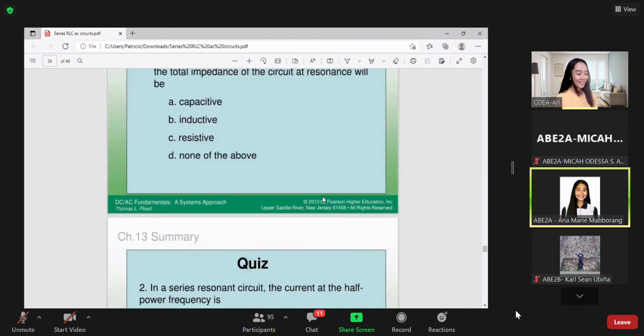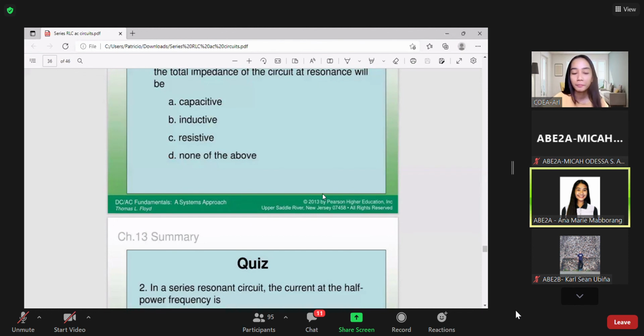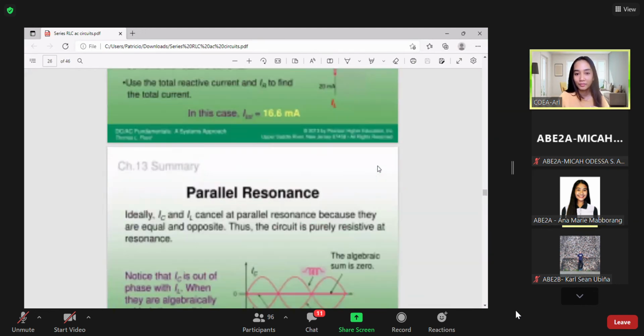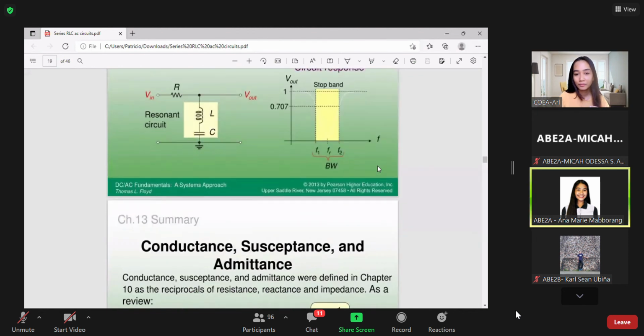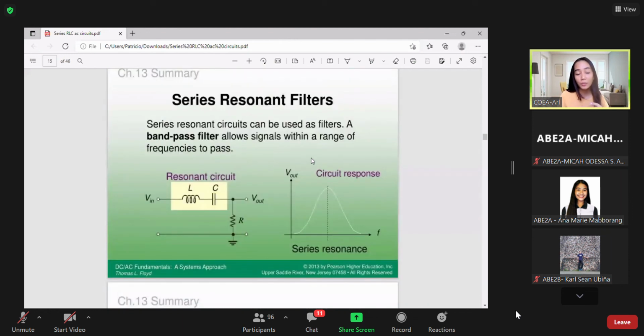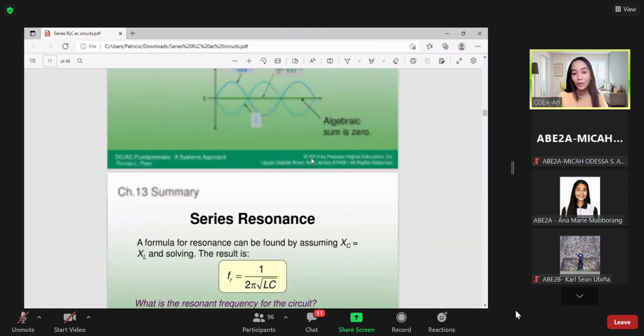Opo. Ma'am, ano po yung relevance nung absolute? Pinakita niyo po kung paano yung paggamit ng absolute value dun sa calculator. So, ano po yung relevance nun sa pagsosolve namin? To satisfy that you must not get a negative value of an ohmic value.